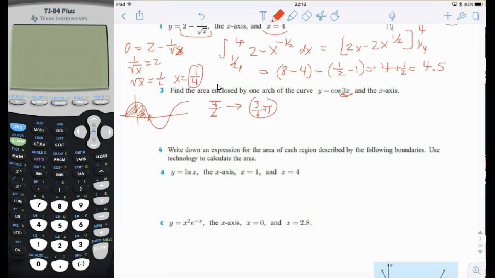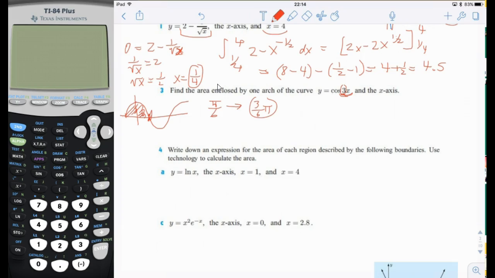I don't remember how this works very well anymore, but remember this is like a multiplier of the x when we did transformations, right? And so it's either going to make it 3 times skinnier or 3 times wider. And actually what happens is it makes it 3 times skinnier. So instead of crossing the x-axis at pi over 2, it crosses the x-axis at pi over 6.